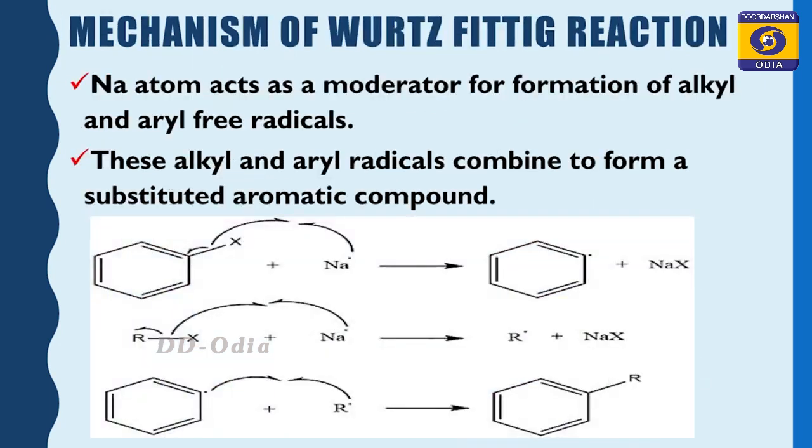To discuss the mechanism of the Fittig reaction, Wurtz reaction or Wurtz-Fittig reaction, we may say that such reactions proceed via a free radical mechanism. There are positive ions, there are negative ions, and there are also free radicals. In free radicals, active single electrons are present along with the group.